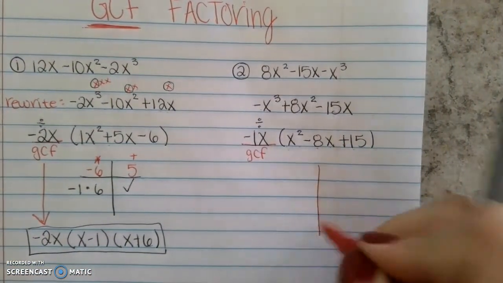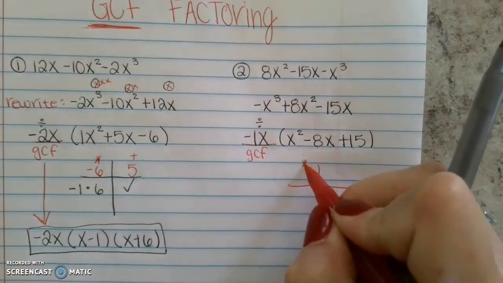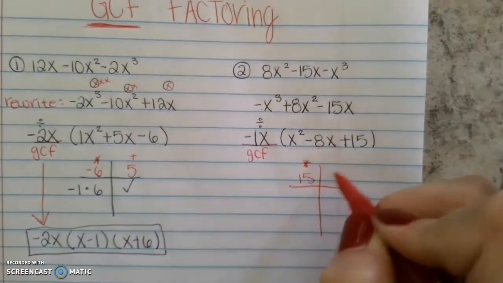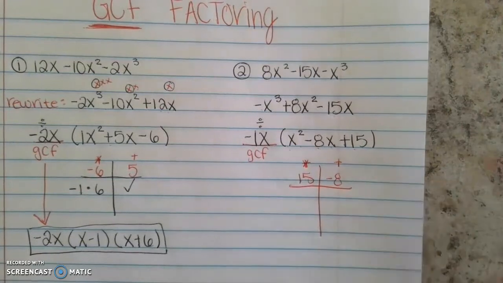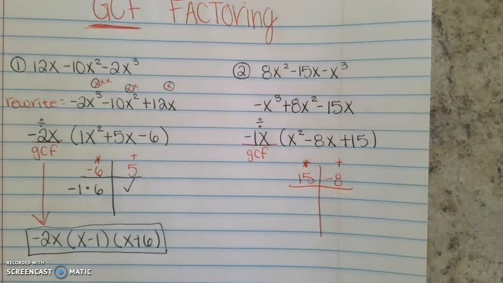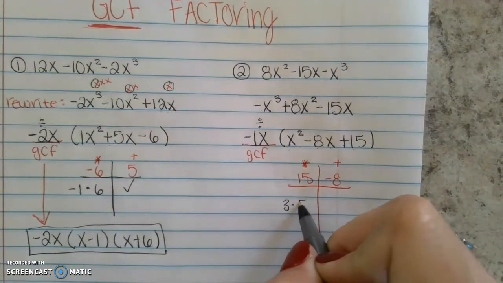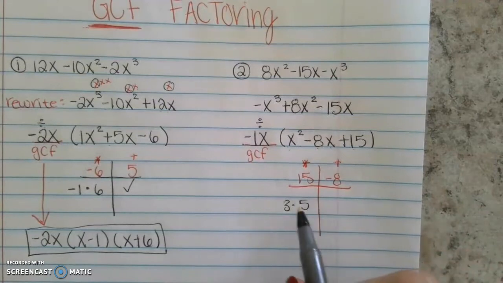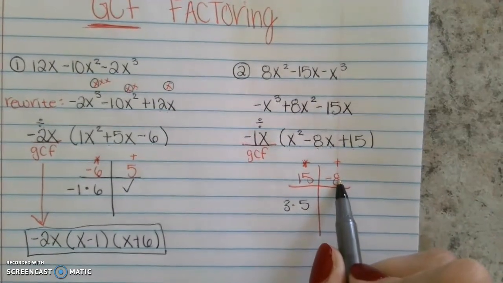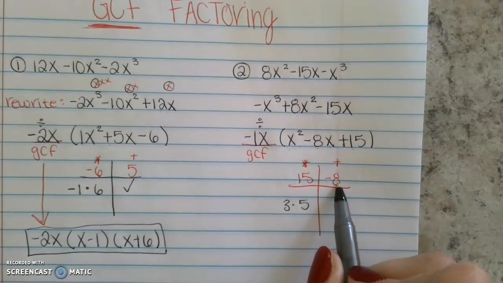All right, jump right into your T-chart. What multiplies to get me 15 that will add to get me -8? This one's a little bit trickier because we need to add to get a negative. So 3 times 5 gets me 15, and that would add to get me a positive 8.